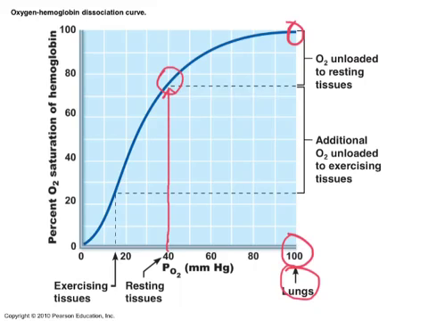So the difference between these two, that's the amount of oxygen that's been dropped off by hemoglobin and sent out to the tissues, for the tissues to use.